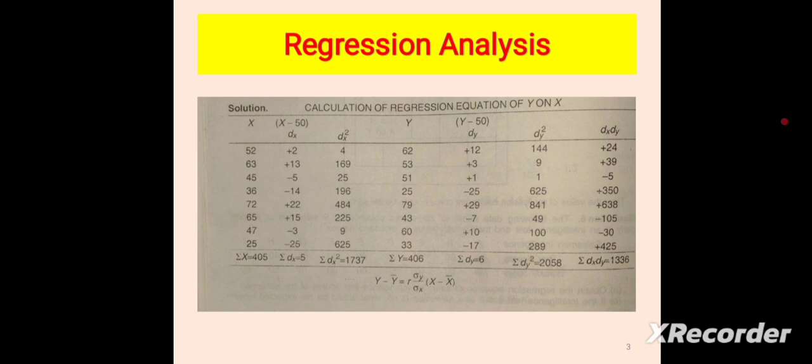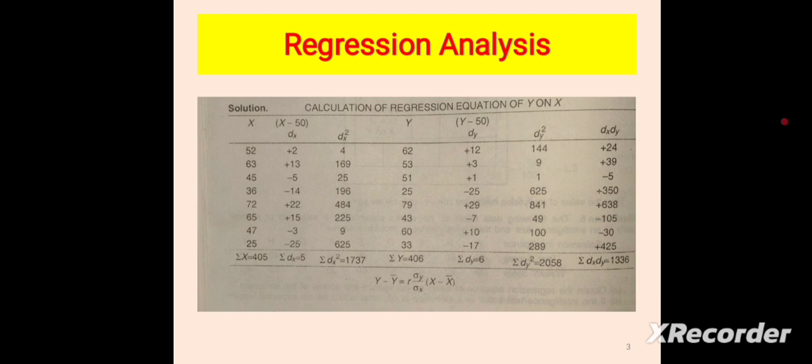Next we calculate dx square, which is dx into dx. The dx values 2, 13, 5, 14, 22, 15, 3, 25 we have already calculated are squared. 2 square is 2 into 2, 4; 13 square, 13 into 13, 169.